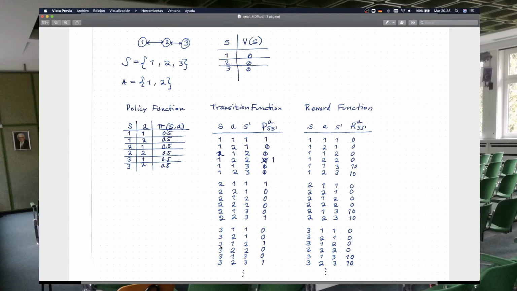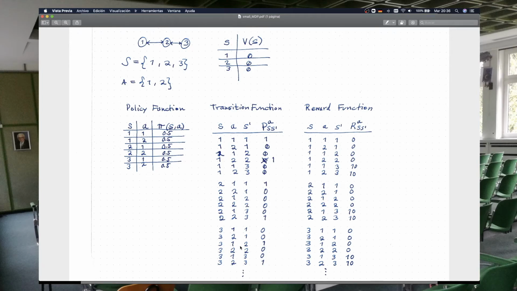So if you are in state 3, go left, you go to state 2, that's probability 1. And if you are in state 3, you move right, you will remain in state 3. So okay, in this case I already built the whole table. I thought I needed more, so this is wrong. Here this table is complete.